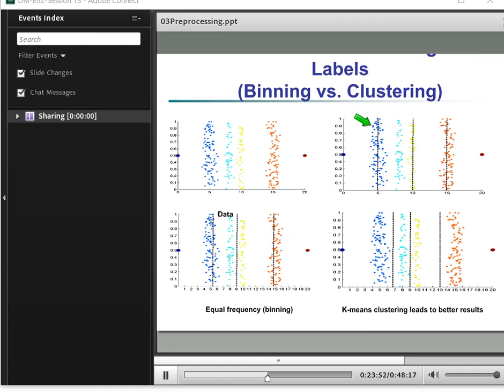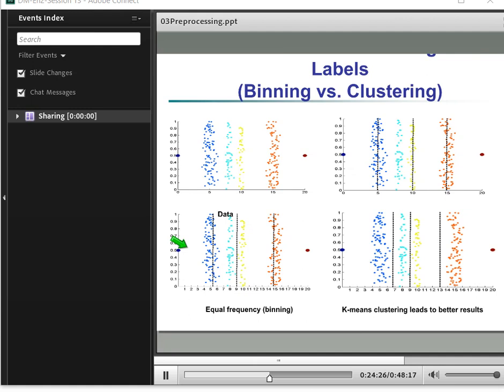We can see similar effects for yellow and red. This result shows that equal width binning has low performance to discretize these data.